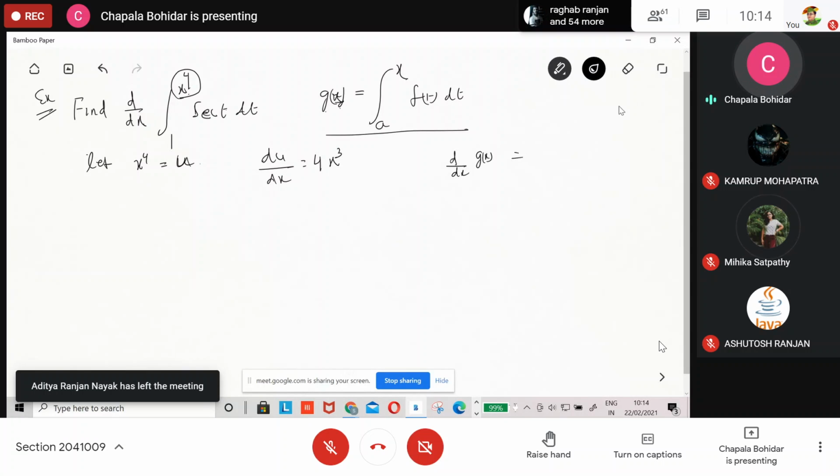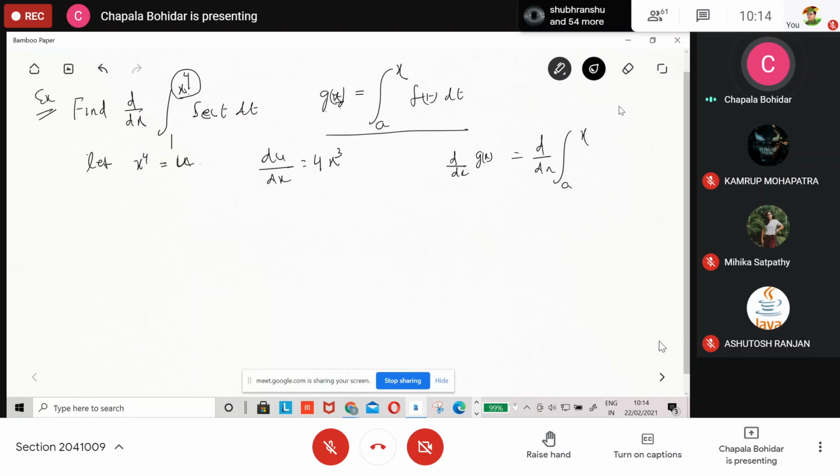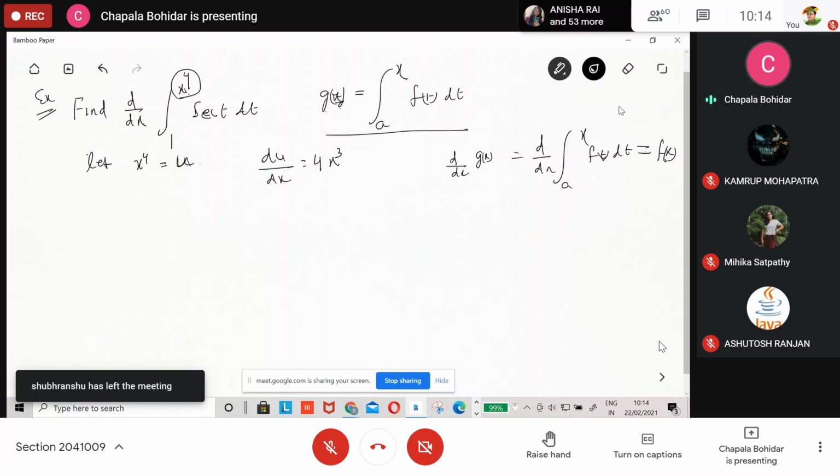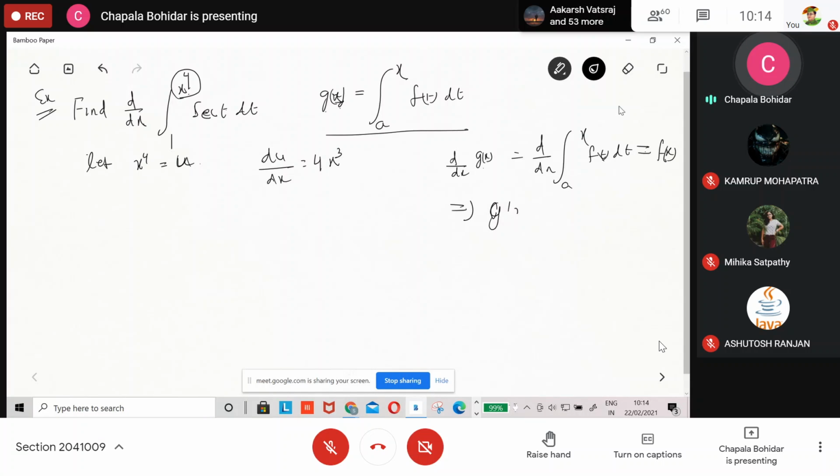We write d by dx of the integral from a to x of f(t) dt, which is equal to the function of x. So what do we get here? This implies g dash x is equal to f(x).